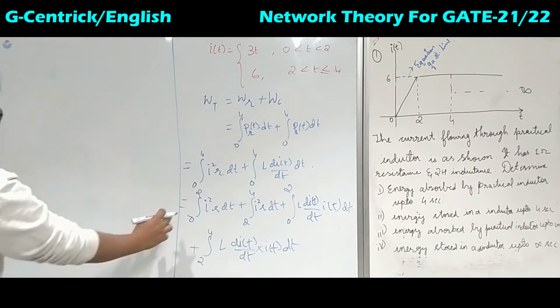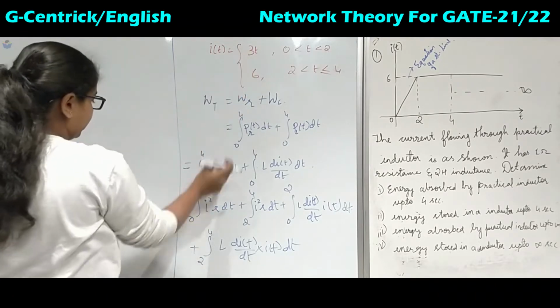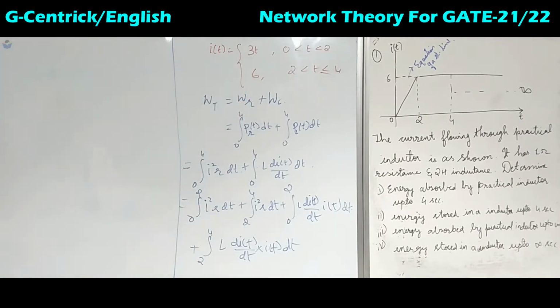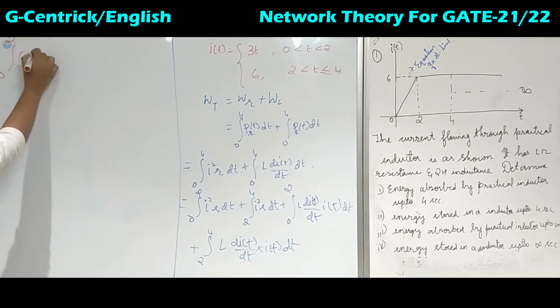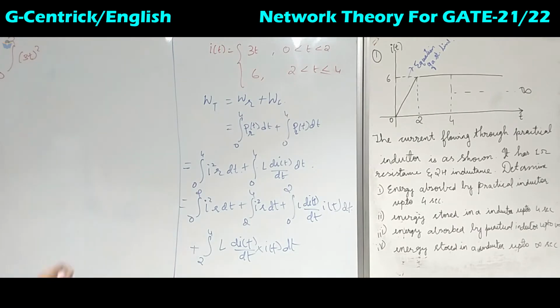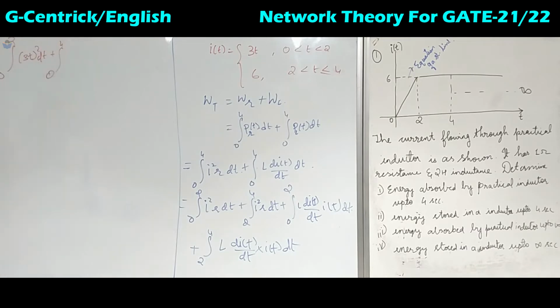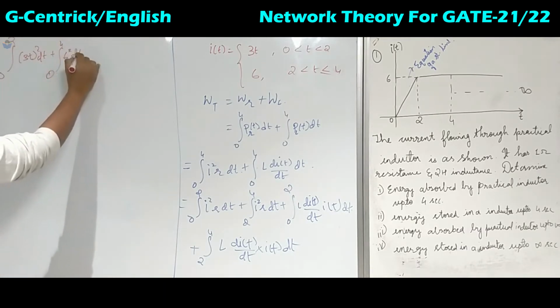So now we can put the values. From 0 to 2 we have 3t. So substitute the value of I: integral from 0 to 2 of (3t) whole square into the resistor value 1 into dt, plus from 2 to 4 we have 6, so 6 square into dt.